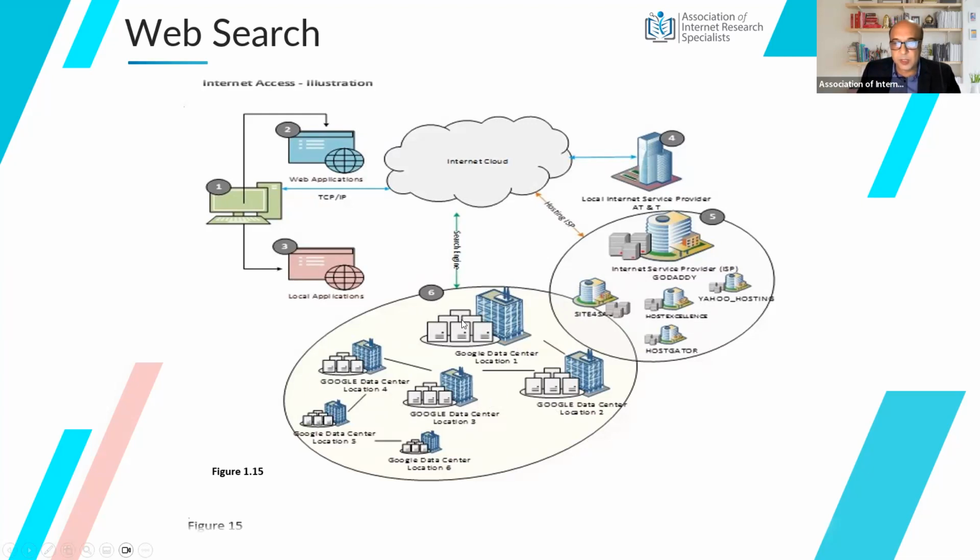What 6 is presenting are a bunch of data centers, the places where the servers of companies like Google, for instance, own this infrastructure, a combination of data centers that contain those servers that actually deliver those web pages or are the repositories of collected web pages.